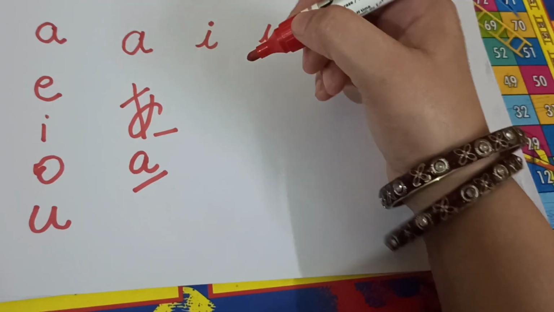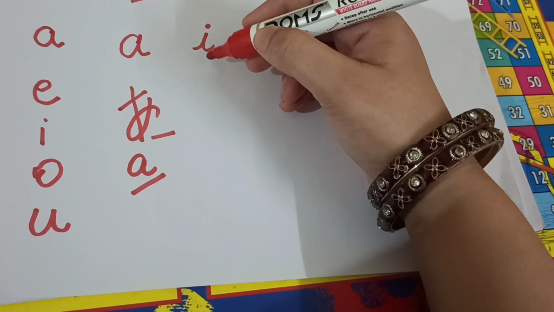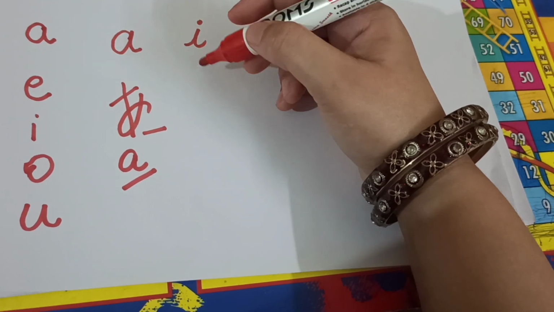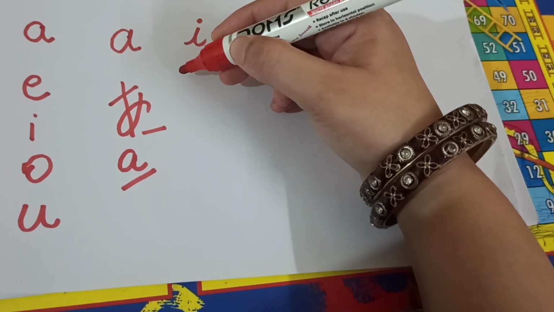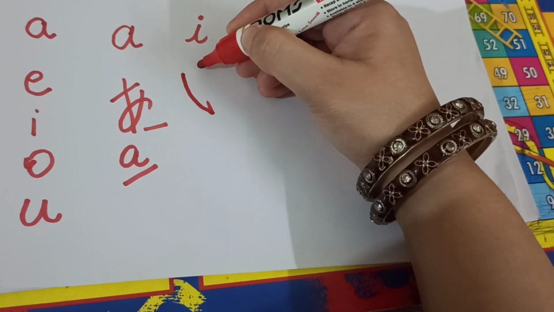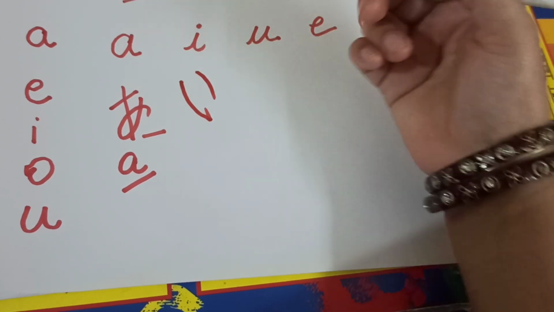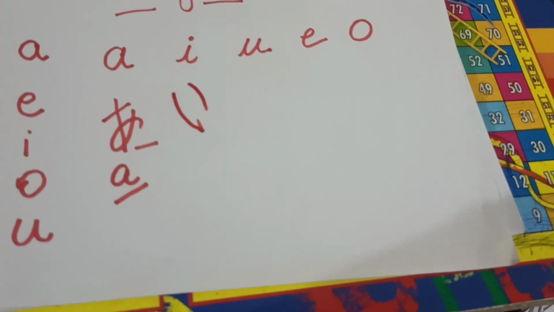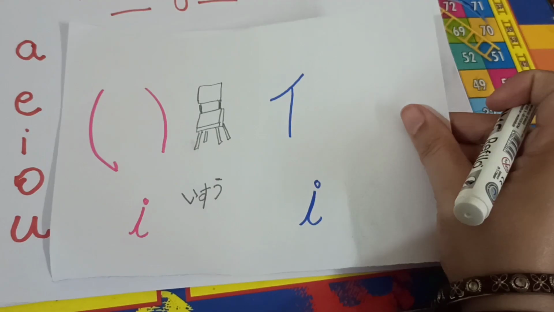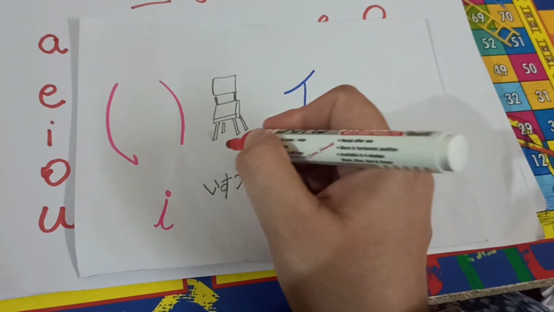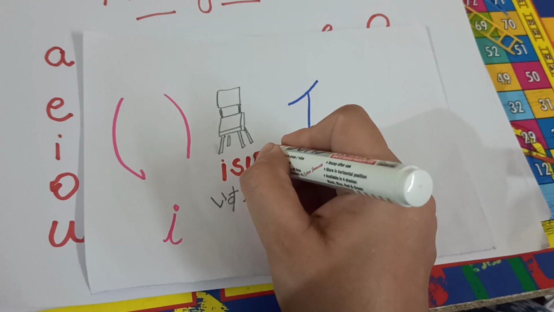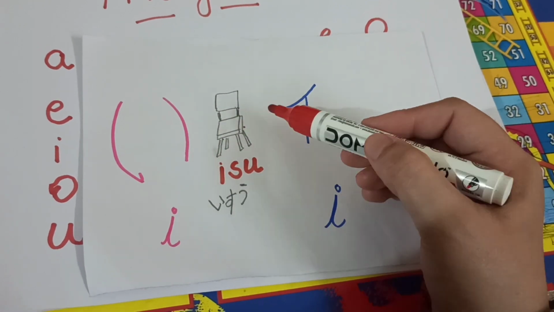The second is I. It is Isu. Isu means chair.